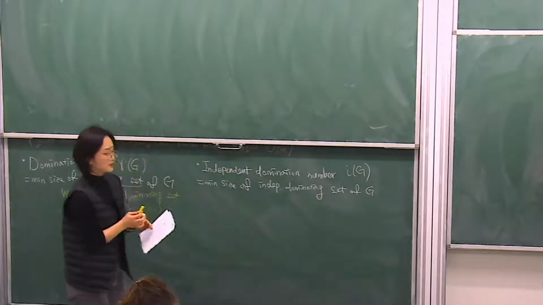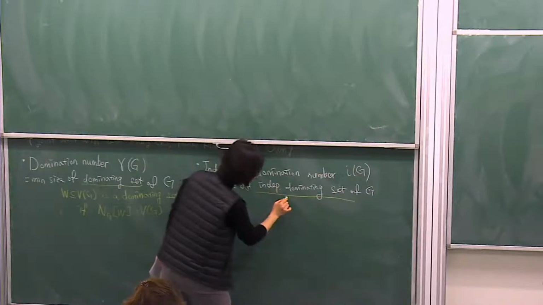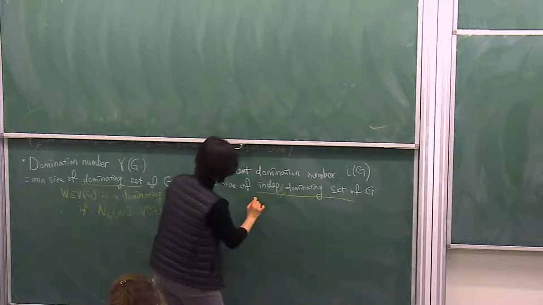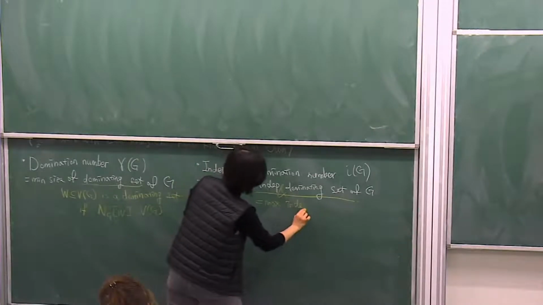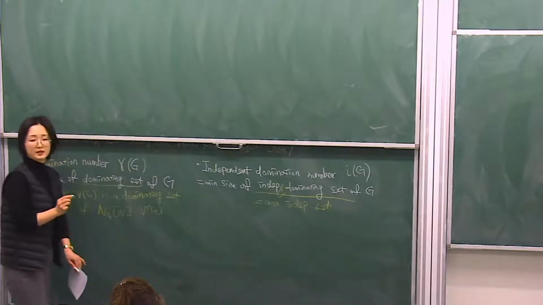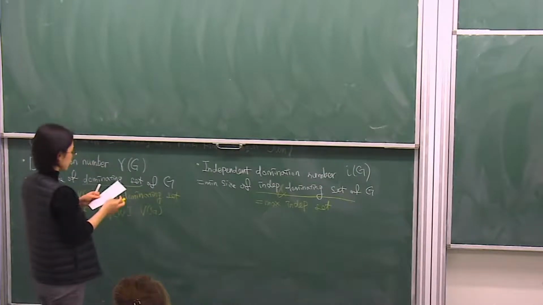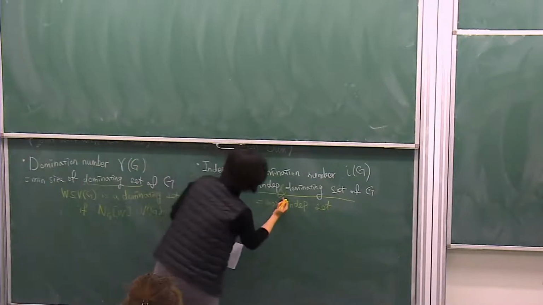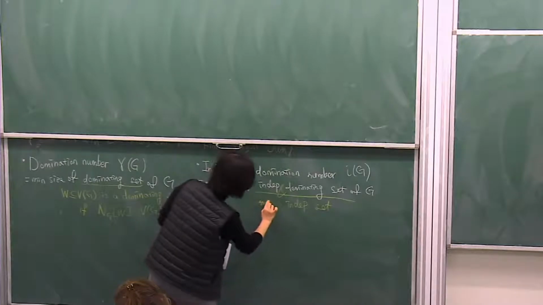And what is an independent dominating set? Just an independent and dominating set. So it is equivalent to a maximal independent set.